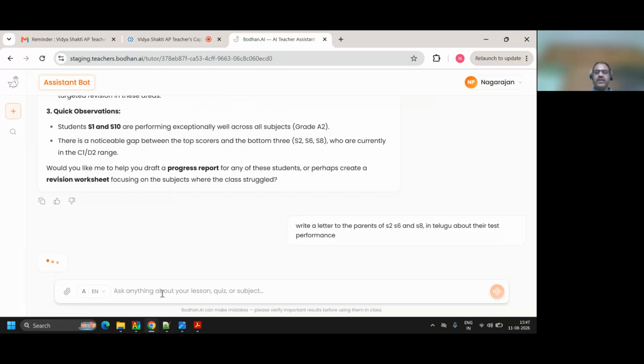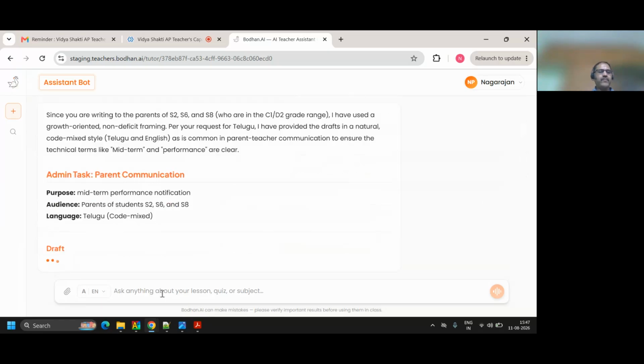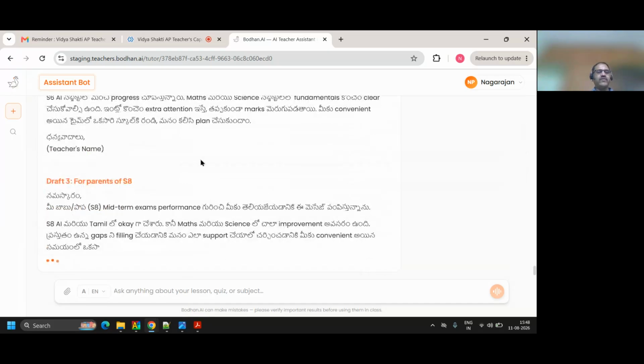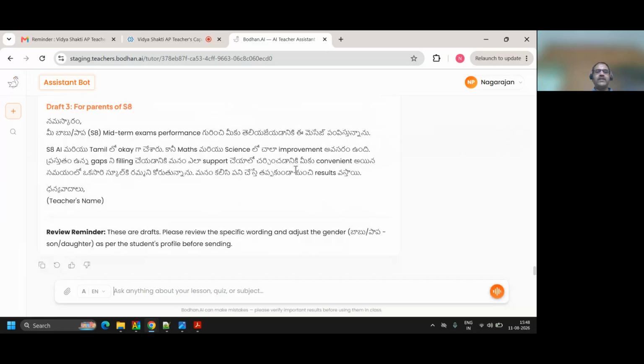It is giving me a letter for S2, for S6, for S8 in Telugu. I don't know how to read and write Telugu, but it is giving me, probably you can tell.